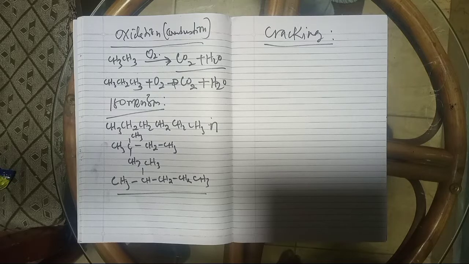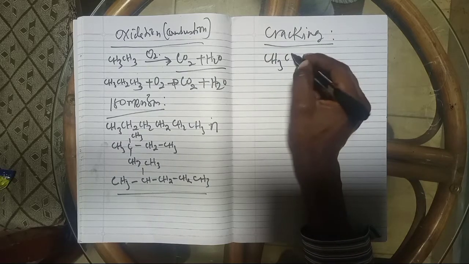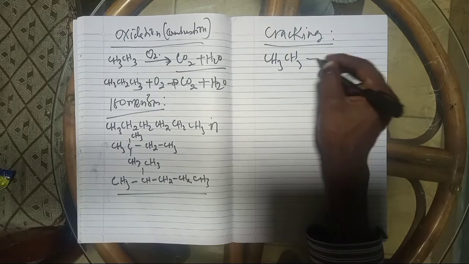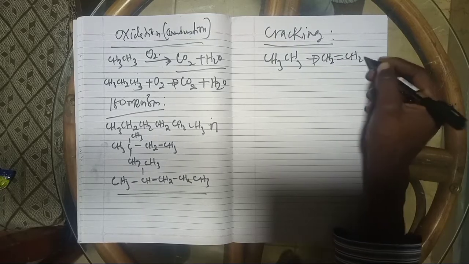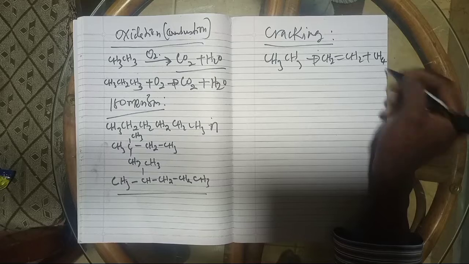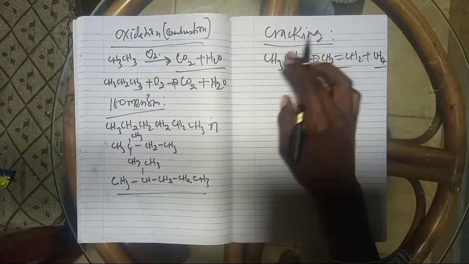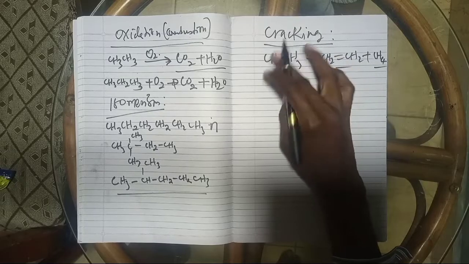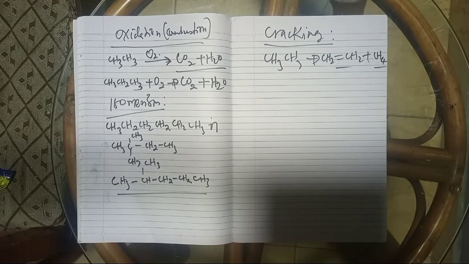Now, example of the cracking that we may have, we may do cracking of this one, therefore to form alkene and methane. So alkene is formed and methane after you have broken down this one. So cracking is the breaking down of the large molecular compounds of organic molecule.